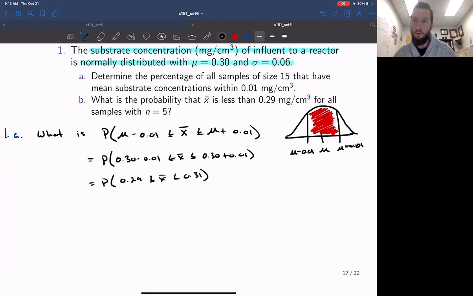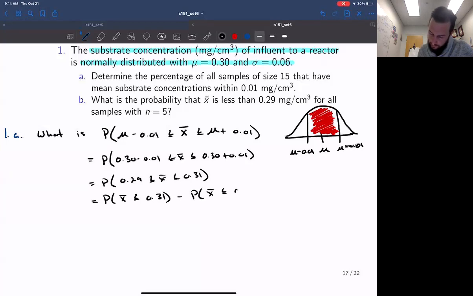But we know X bar is normal, and we know that the mean of X bar is mu X bar, and the standard deviation of X bar is sigma over the square root of n. So this becomes the probability that X bar is less than or equal to 0.31 minus the probability that X bar is less than or equal to 0.29.